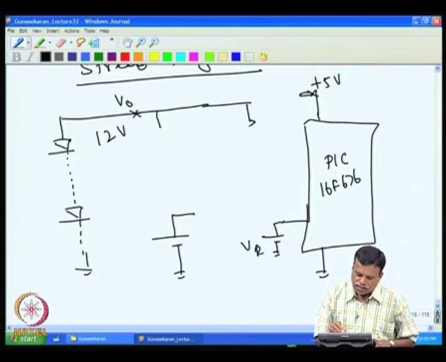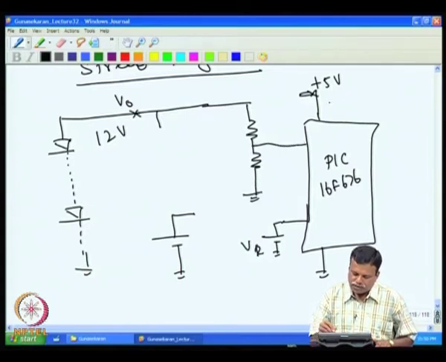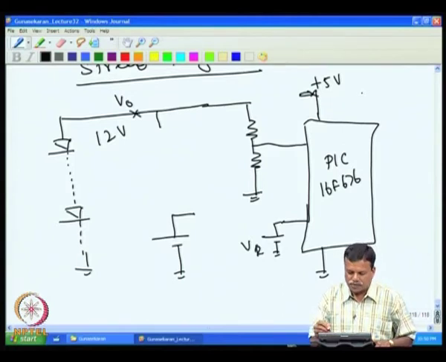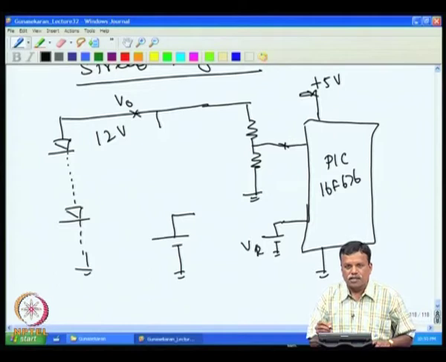If you are using the 5 volt power supply reference, then this voltage should not be more than 5 volt, because at 5 volt all 10 bits of your output will be high, and beyond that it cannot measure.